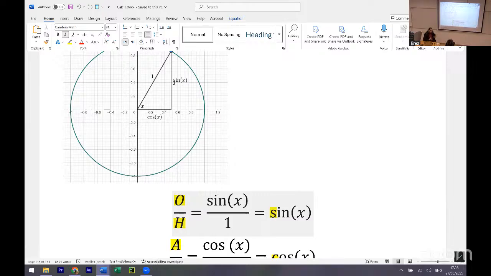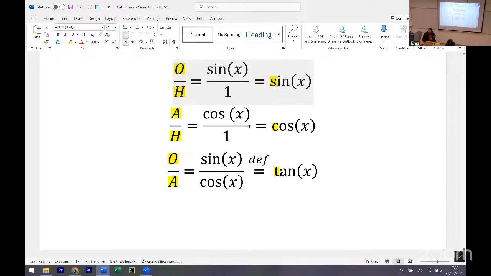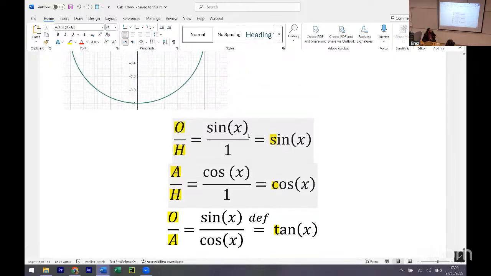And in this one, it's sine and cosine. So that's the proof of SOHCAHTOA using the definition for sine and cosine using the unit circle. Any questions so far? And we get back to SOHCAHTOA, we understand that better. And so this is the basis of trigonometry.